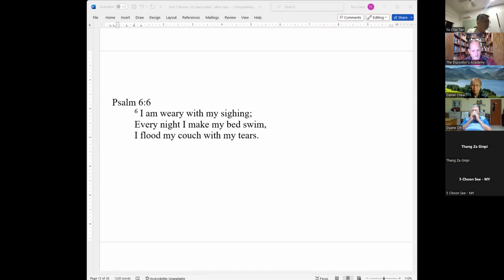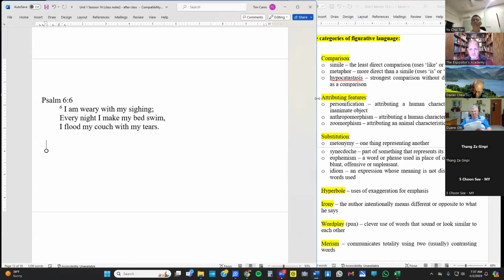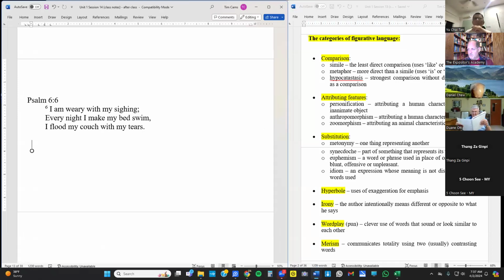I think that is like a merism. Is it merism? Which part? Every night I make my bed swim.